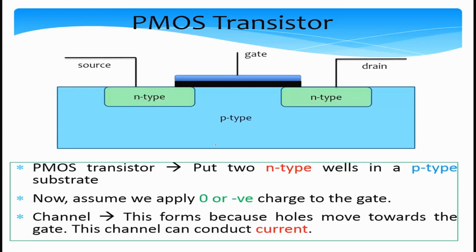Now let's take a look at the reverse, a PMOS transistor. In this case, inside a p-type well, we have two n-type smaller wells. Or actually, this is not called a well, it's called a substrate. So inside a p-type substrate, we have two n-type wells. In this case, the control is actually reverse.